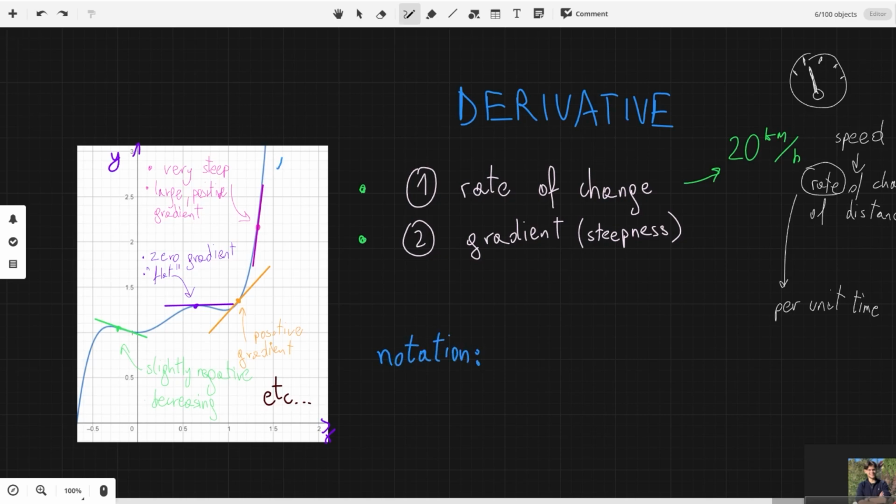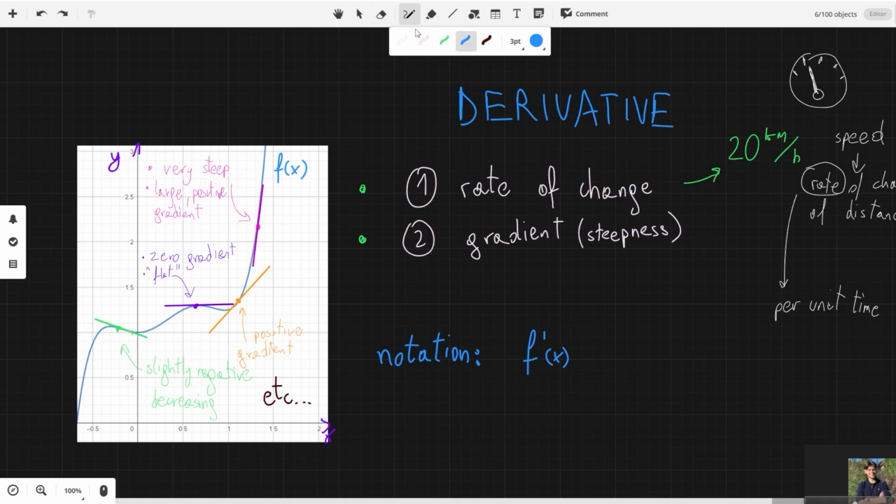If the function here was to be called f of x, y equals f of x, then its derivative is going to be called f prime of x, which basically symbolizes that we are talking about how the function f changes, what its gradient is, what its rate of change is, as we plug in different values of x. So basically, what gradient does the function have at different values of x?